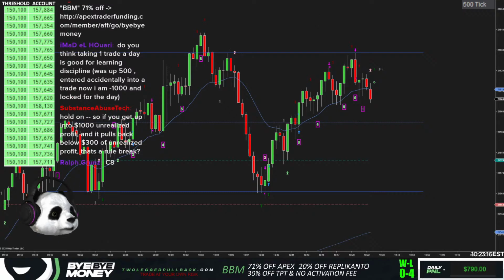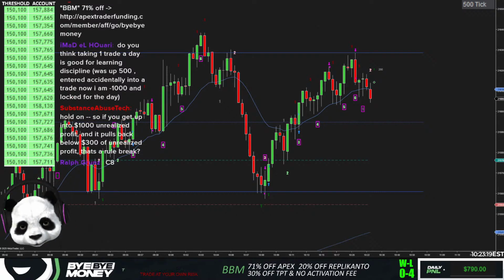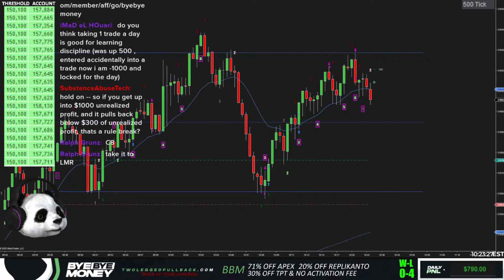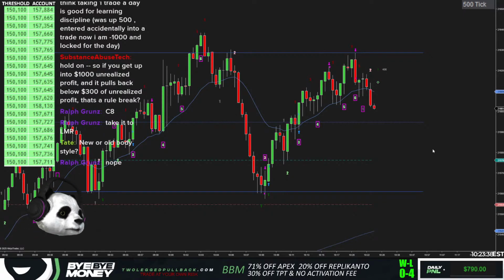Yep. C8 or what? C9? Is there a C9? Oh, there's no such thing. It's all C8. The 2020s and newer ones, man, they look nice. It's the newer bodies. I'm not gonna lie, they look pretty nasty. They look aggressive.